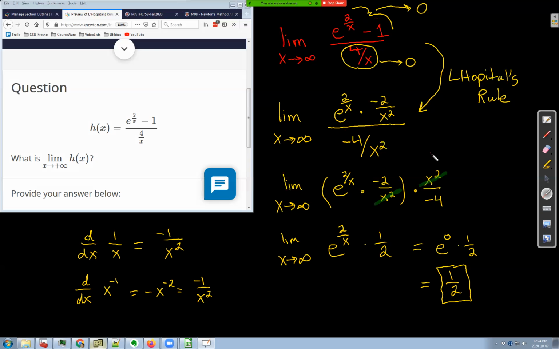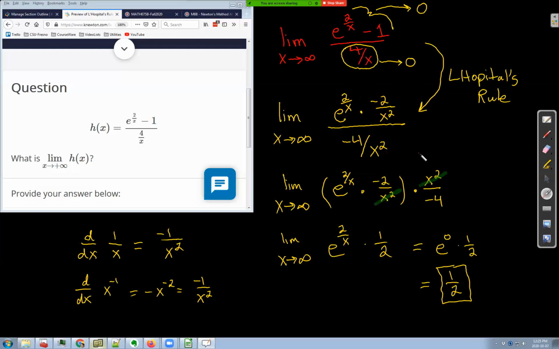And I should say, I was worried when I first looked at this. I thought, uh-oh, this is bad, because the denominator got more complicated and the numerator got more complicated. Normally when you use L'Hopital's rule, you hope for things to get less complicated. But it turns out we got lucky because there was a nice cancellation.